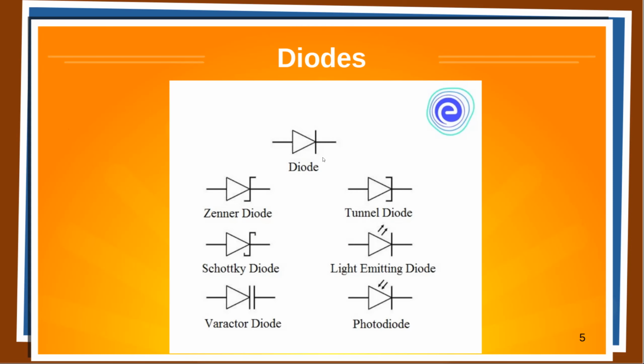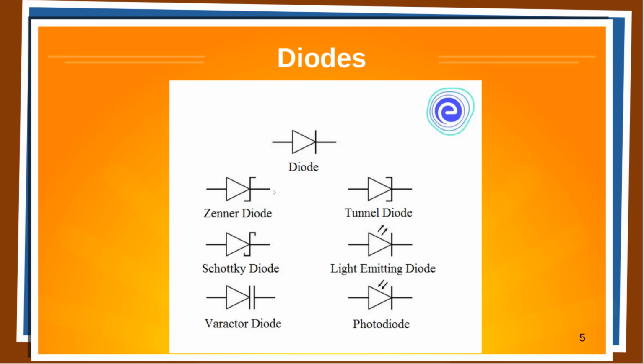The standard symbol you'll see for a normal diode is just a triangle with a bar representing the cathode. They're usually marked with a stripe on the cathode end for most of the smaller ones. We have Zener diodes, with this sort of Z as the cathode, representing the Zener effect.